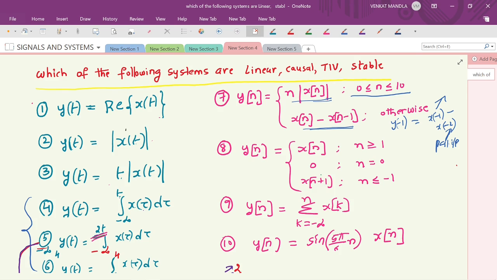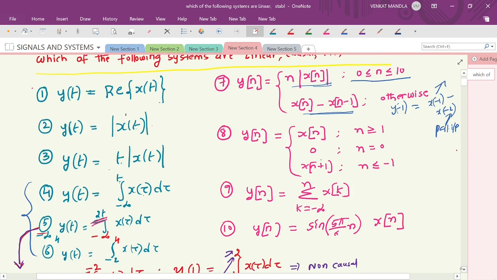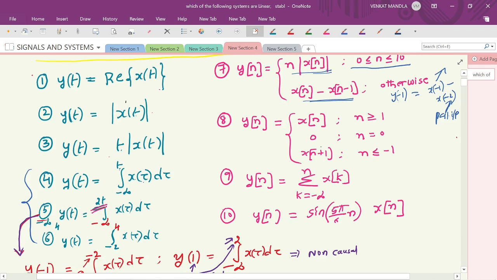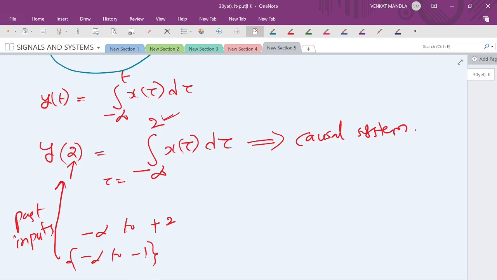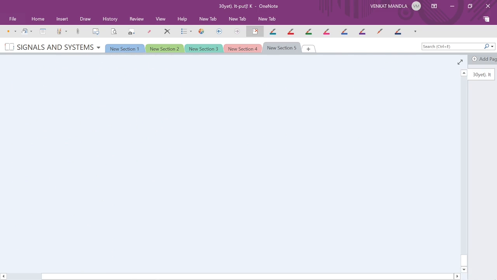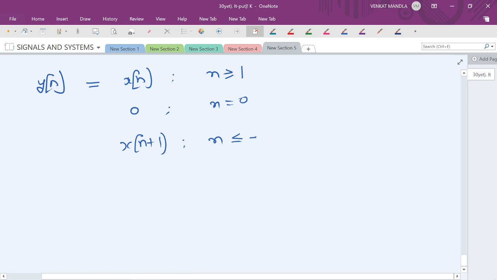Next, the eighth one: y[n] equal to x[n] for n greater than or equal to 1, 0 for n equal to 0, and x[n plus 1] for n less than or equal to minus 1.